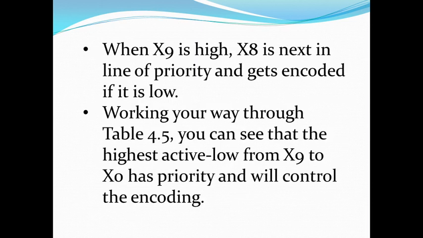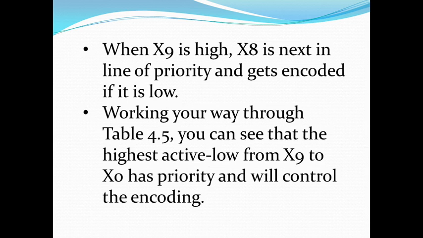When X9 is high, that means X9 is inactive or disabled. What is the next highest input? X8 will be the next highest input in the priority, and it is going to be activated. If X8 is low, then the output is going to be L, H, H, H. And if you complement that, you will get 1000.